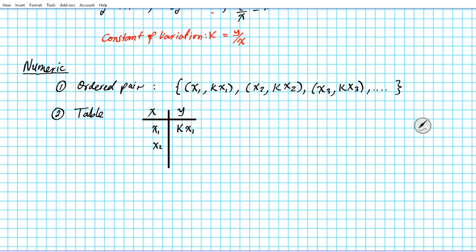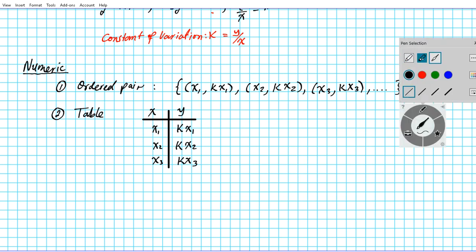For x2, to get y2, you multiply by k x2. And for x3, you multiply by k x3. You notice the same pattern here. Every single time we keep multiplying by k, the constant of variation, to generate our y values. That's what a numerical representation of a direct variation looks like.